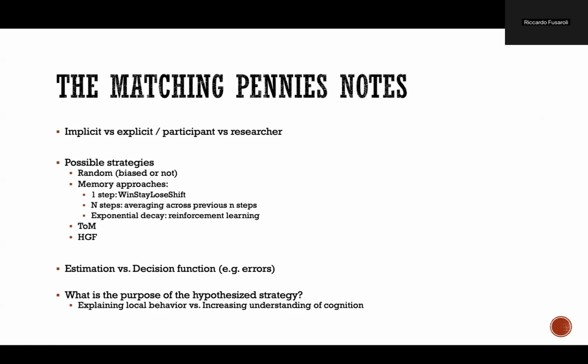We also discussed, maybe not that much, but a tiny bit, that we should always try to remember what the heck we're trying to do. It's very easy to get lost in the details of cognitive modeling or any statistical analysis, but we should always keep in mind what we're trying to do. Are we trying to explain and perhaps predict this very specific behavior in these very specific tasks, which is a very legitimate enterprise, or are we trying to increase our understanding of cognition, right?